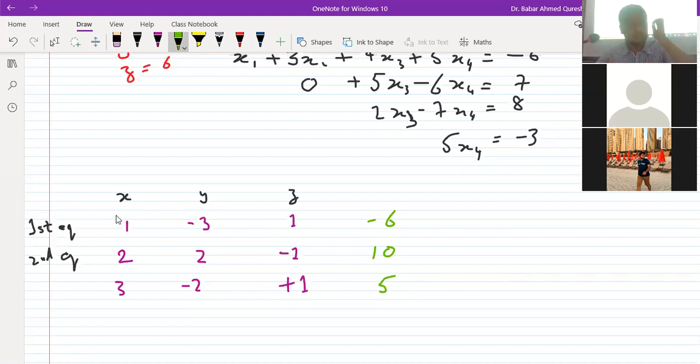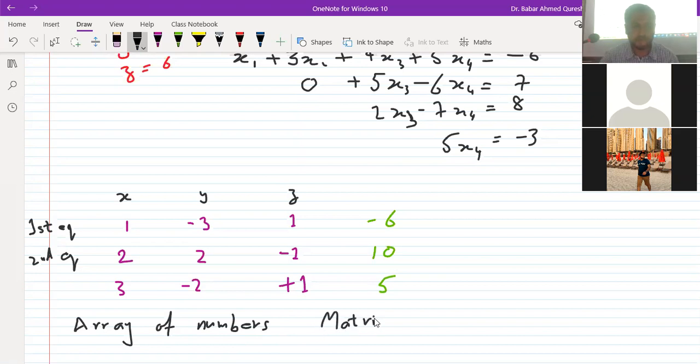So this thing, when you put a collection of numbers in a very specific array of numbers, if you had just one line, sometimes you call them a list. But if you have a two-dimensional array, you have a name for it. You are used to calling it a matrix. So we can also call this thing a matrix.